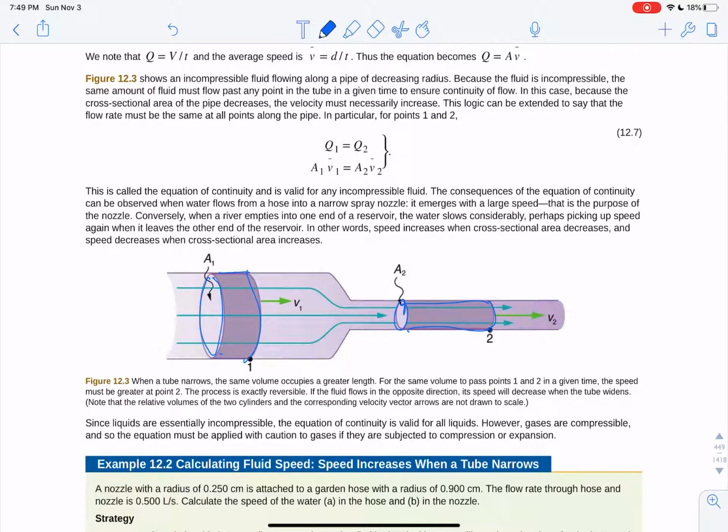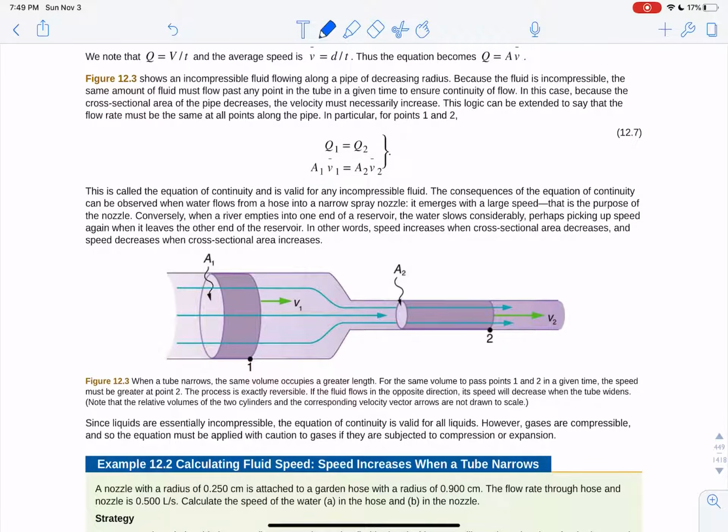The difference is the water has to speed up in order for that same amount of volume to pass through in the same amount of time. Since fluids are not compressible, they flow and push into each other, and that's how this works. So the continuity equation says if you have this area and that velocity of water flowing here, then if you go to a smaller area, you have to have a higher velocity there to manage the flow rate. Okay, so A1V1 is equal to A2V2.